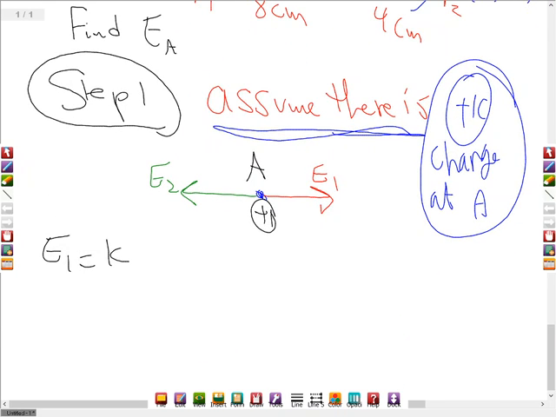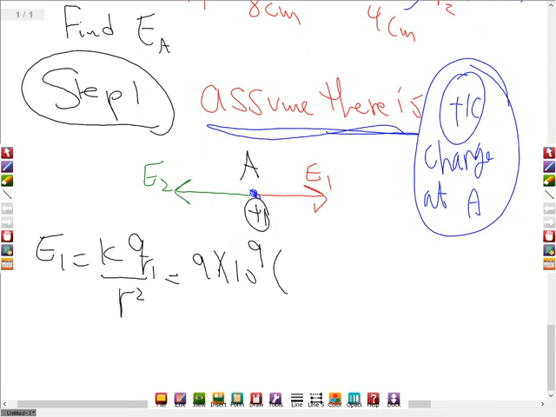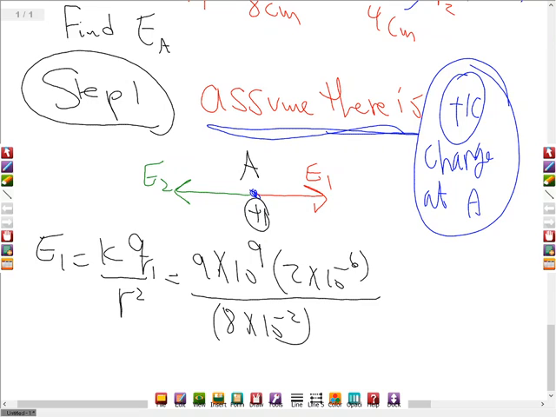Then E1 equals K Q1 over R squared. We know K is 9 times 10 to the 9. You have to go back to the old videos to see this one. Times Q1, which is 2 times 10 to the negative 6, over R, which is 8 times 10 to the negative 2, squared.